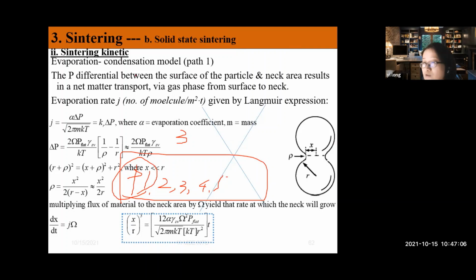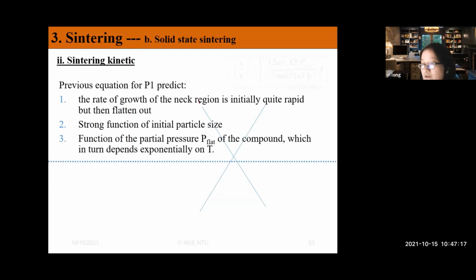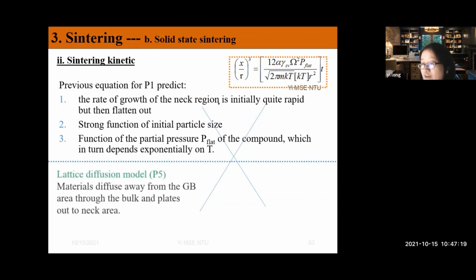So this is one of the P1 calculations. The net growth rate is going to be something like this, but it's not required. We also calculate P5 here, so then we can calculate which one is faster.